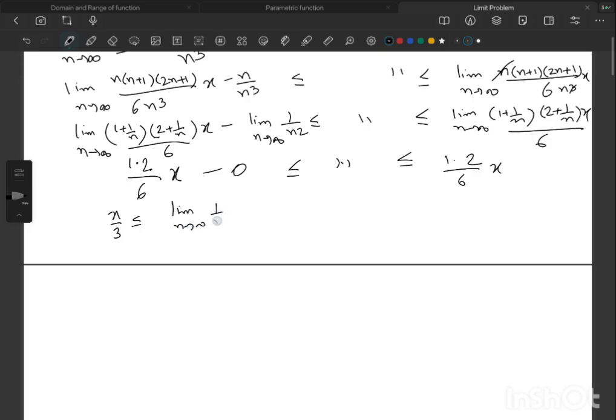the limit n tends to infinity of 1 over n cube, 1 square x plus 2 square x and so on, n square of x, divided by n cube, less than or equal to x by 3.